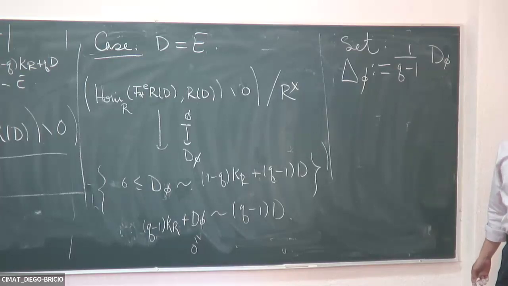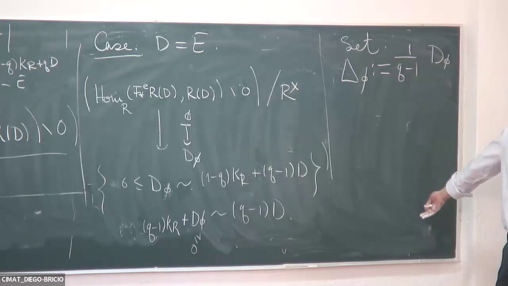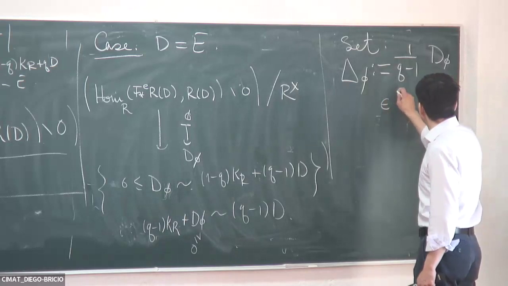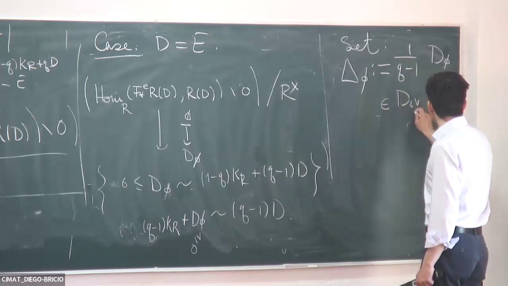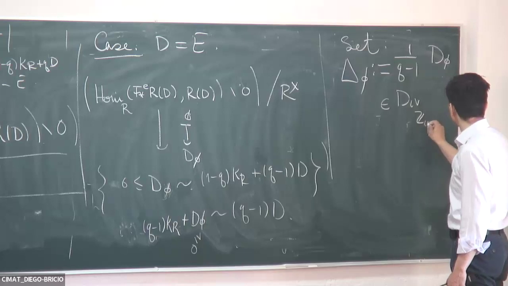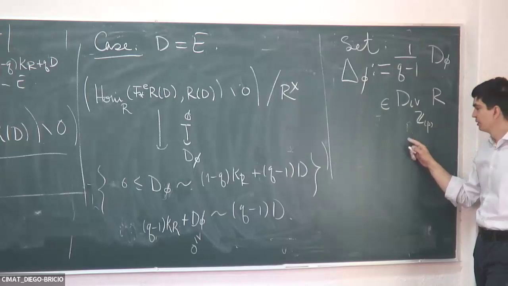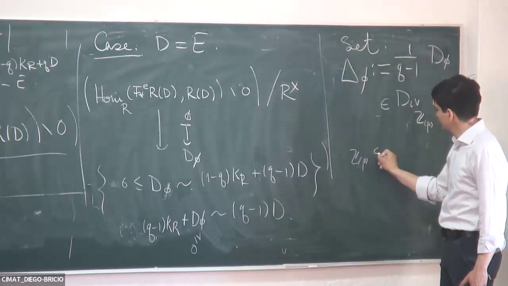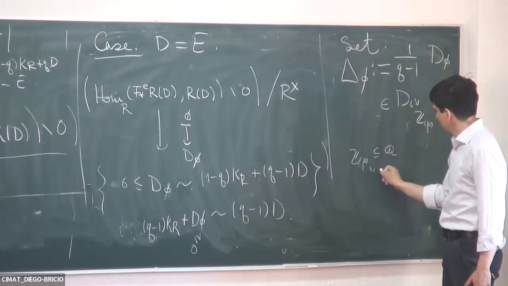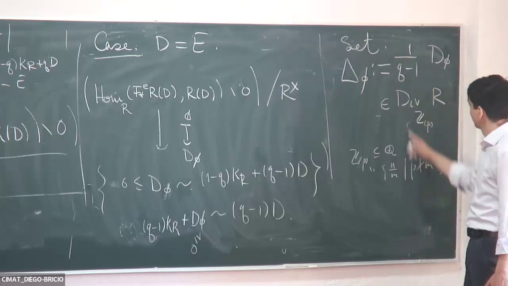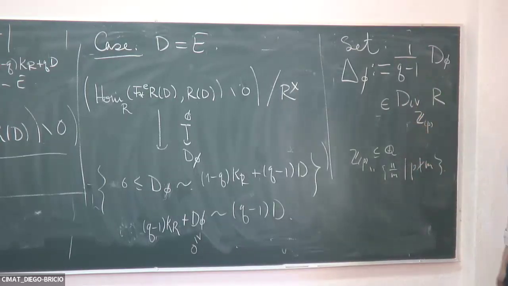It is a divisor, but it's no longer an integral divisor. It is a Q-divisor. It has rational coefficients, but even better, the coefficients are prime to p. So what is the notation? It is a divisor with coefficients in Z_(p). What is Z_(p)? It is a localization of Z at p, but you can think of it inside Q, right? As all the fractions such that p doesn't divide them. Like that. So it lives there.